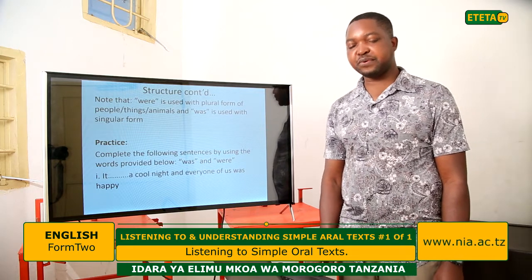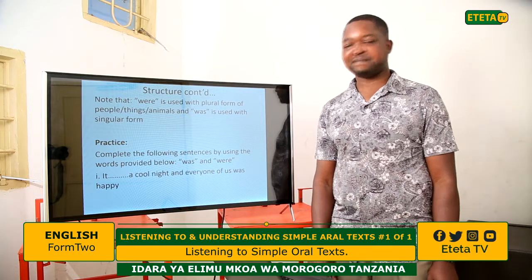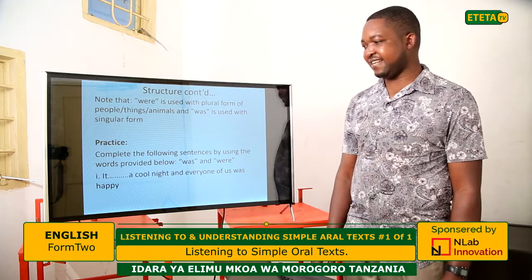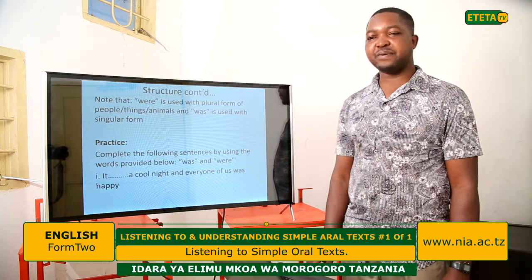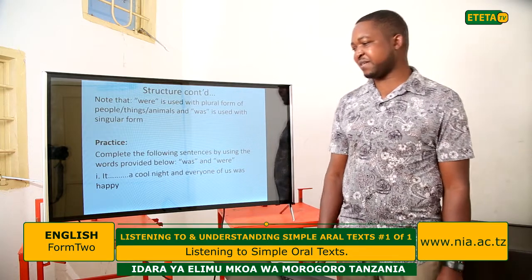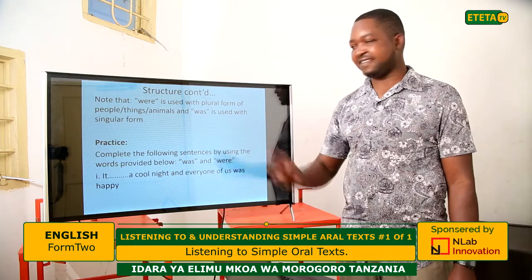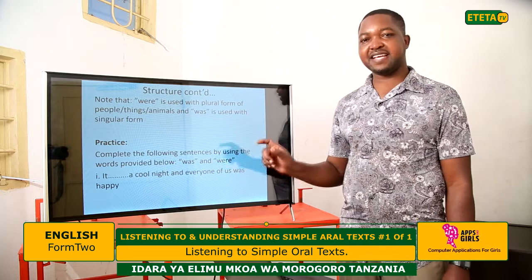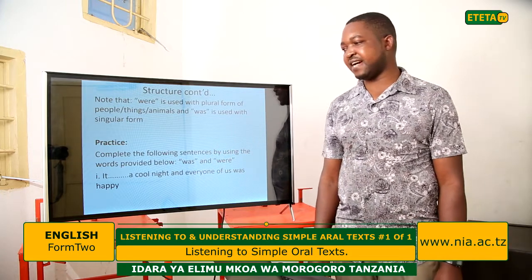It dash a cool night, and every one of us was happy. We are talking about the night. It. The pronoun used here is it. It dash a cool night, and every one of us was happy.